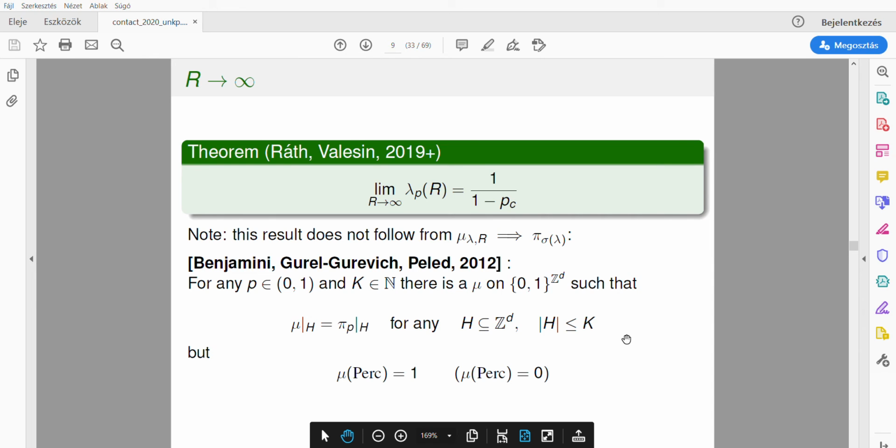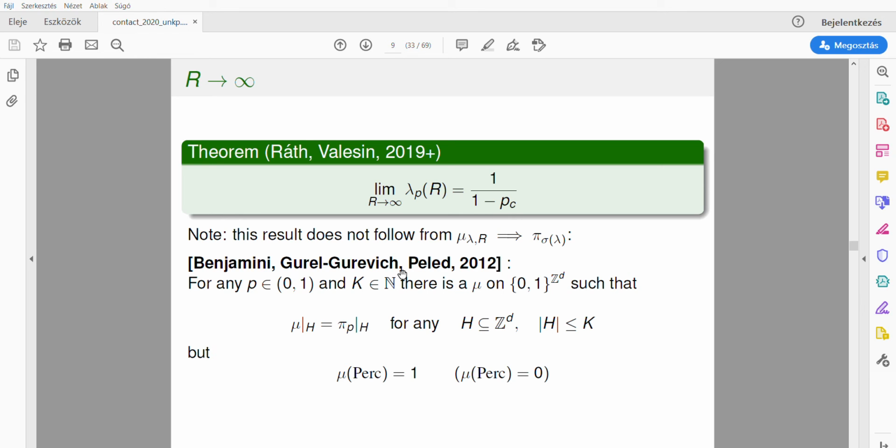My point is that this happens for any density. If I tell you I have a measure whose density is p, and if you only look at the law of this measure restricted to at most k sites, it looks like a Bernoulli measure.